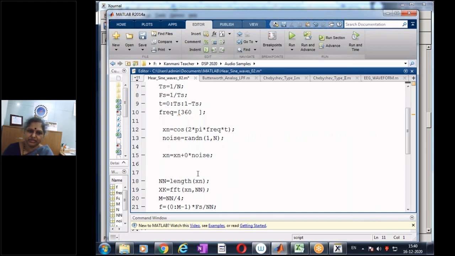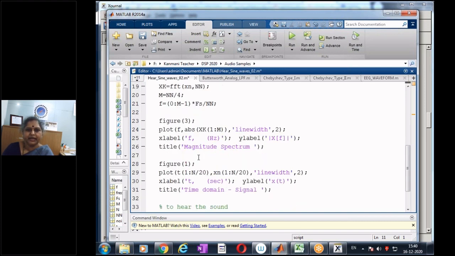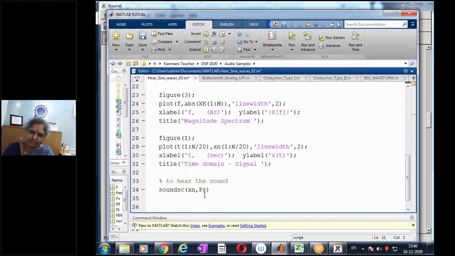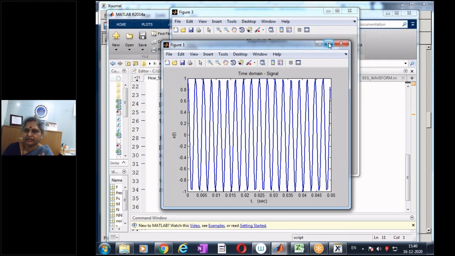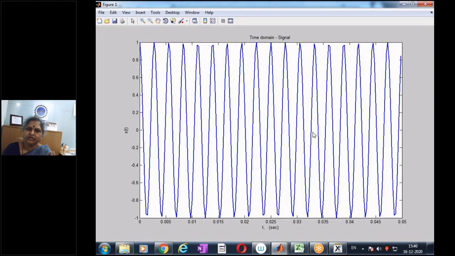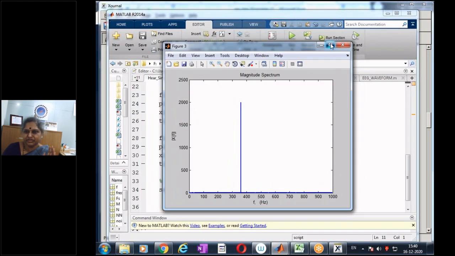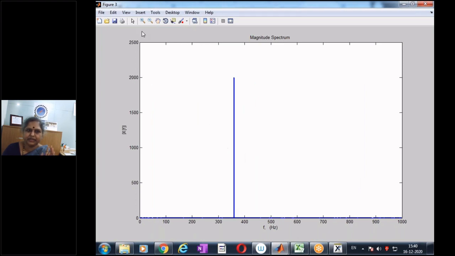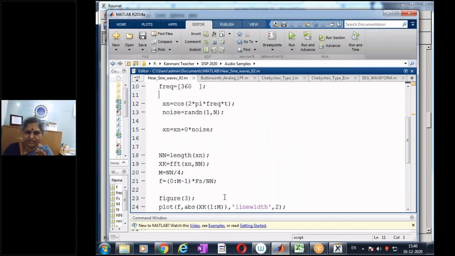I'm multiplying it by 0, and let us see the spectrum and also the plot, and we'll also hear the signal. So this is my cosine wave that we have taken for 360 hertz. This is the spectrum of the signal. We get a peak at 360 hertz, and there was no noise added to it, so everything was fine.